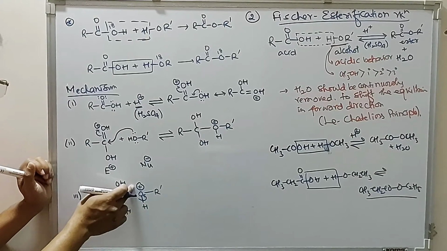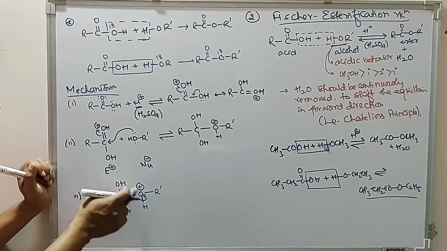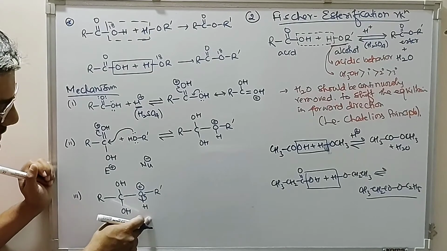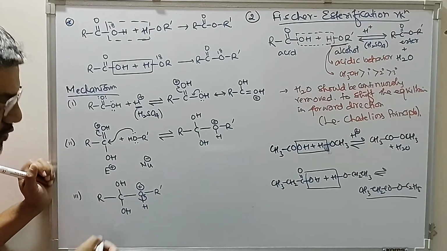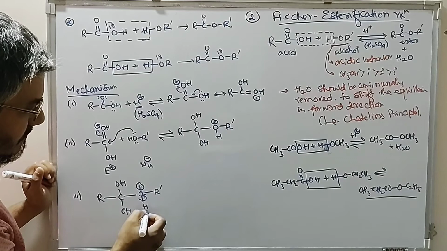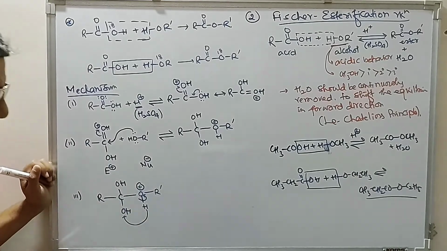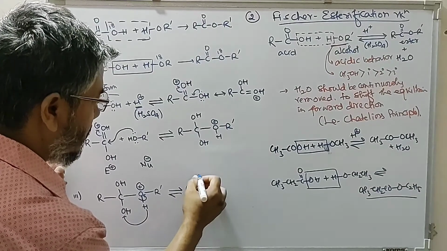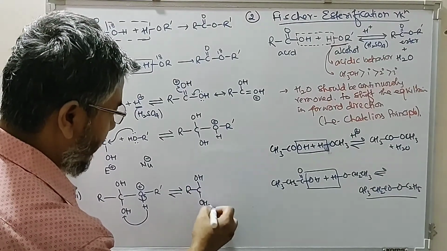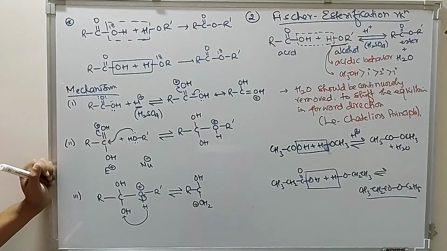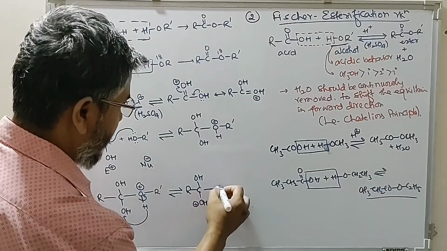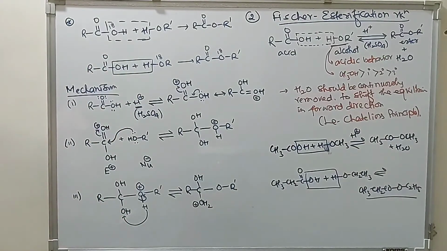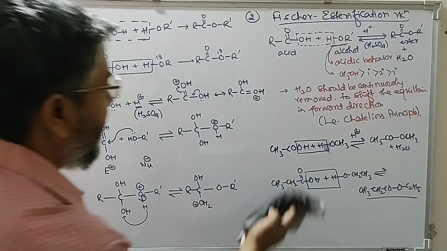When this withdraws electron density, or this OH electron is transferred to this oxygen, we have H plus ion. This H plus ion is taken up by OH, and this gives you RC OH OH2 positive here, then we have OR prime.